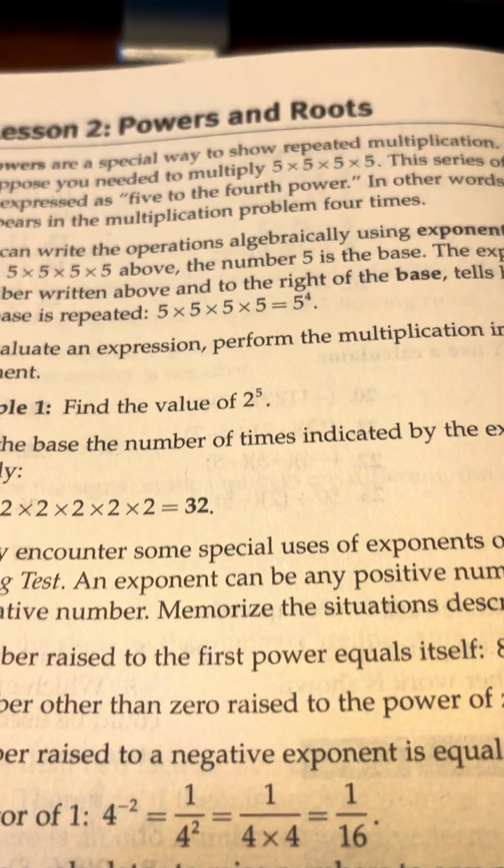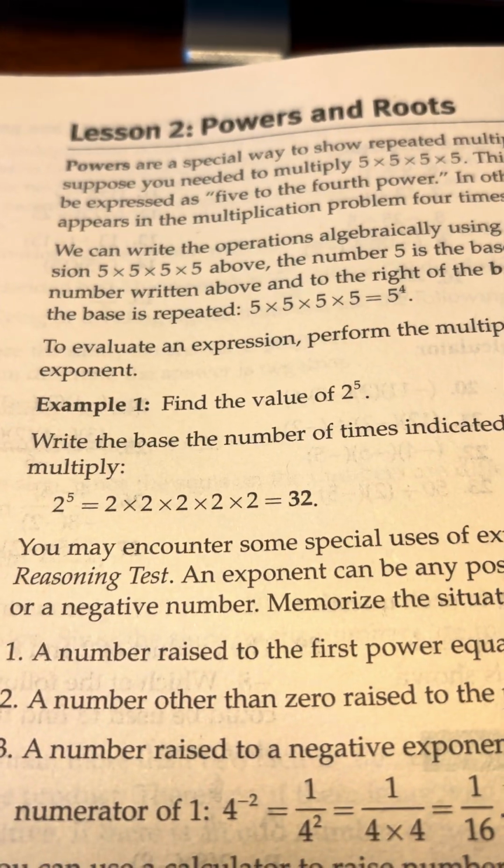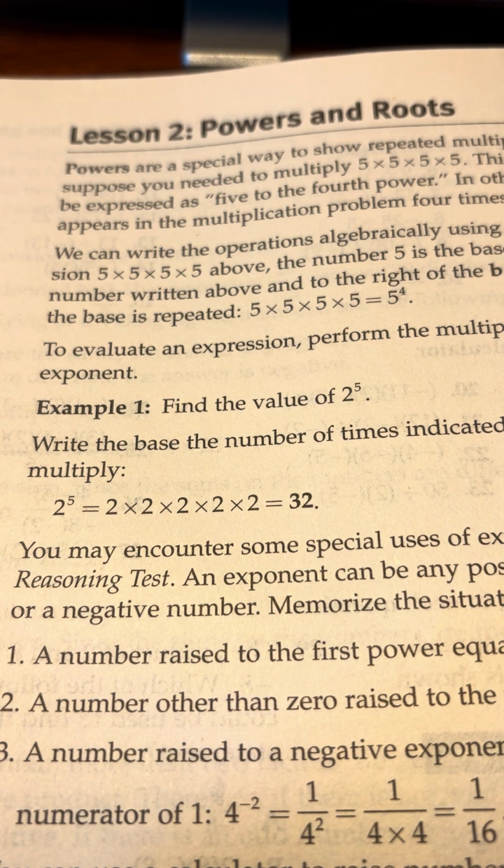Okay, I am doing a little review of Lesson 2, Powers and Roots. When we're talking about powers and roots, we're talking about the little exponent that's on the top.